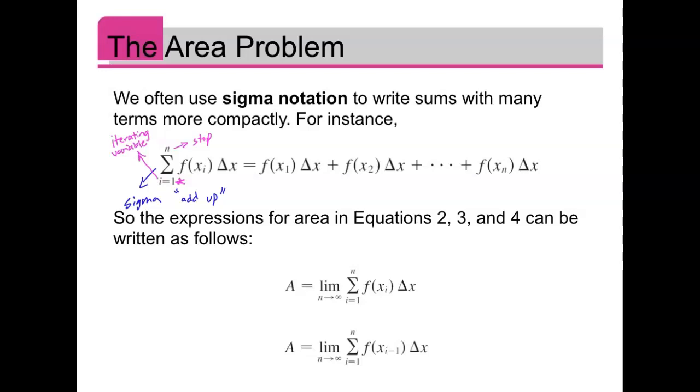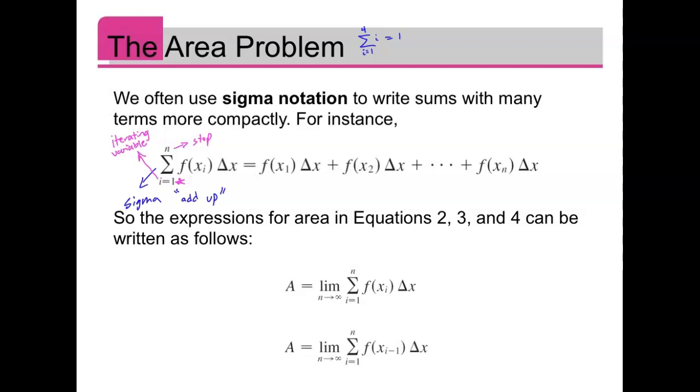I'll give you a couple of straightforward examples. Let's say I wanted to add numbers 1 to 4. I could write that like this: sigma from i equals 1 to 4 of i. Whatever's in front of the sigma is the formula that you're going to apply to i. So I start with 1, plug it in for i, get 1. Once you've applied your formula, you iterate, and you always add between iterations.